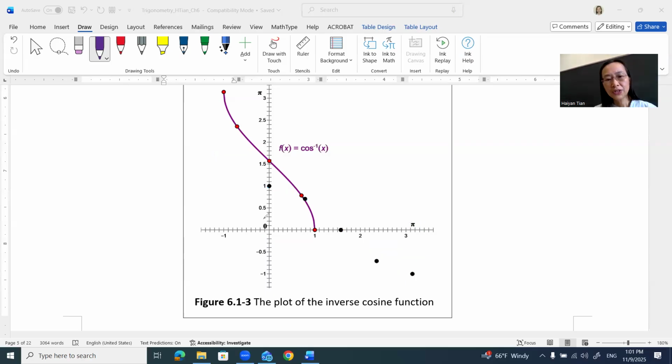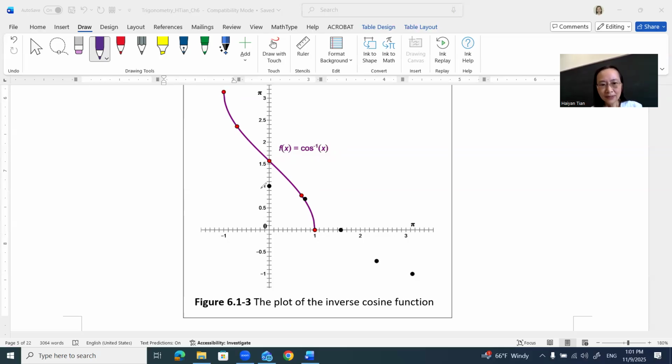So here you see the inverse cosine will look like this. We plot all 5 points, and we connect them to see a sketch of the inverse cosine.